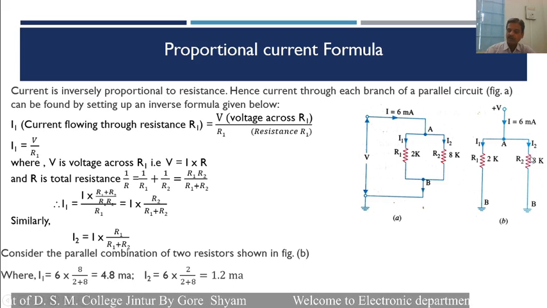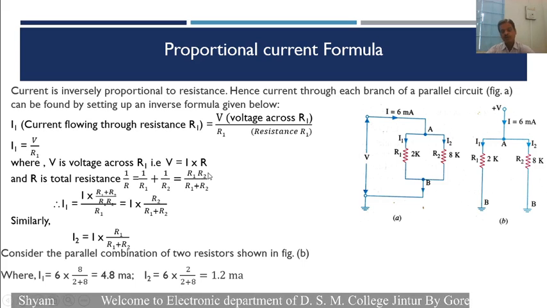Similarly, the current flowing through the second branch is I2, which is equal to 6 into 2 divided by 2 plus 8, and that is equal to 1.2 milliampere. So this is the proportional current formula.